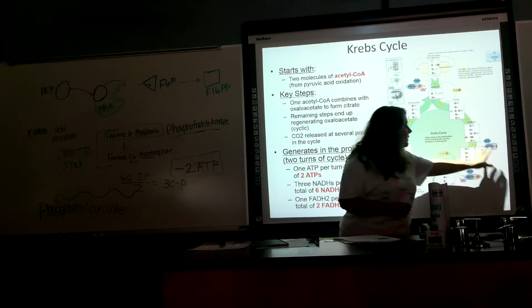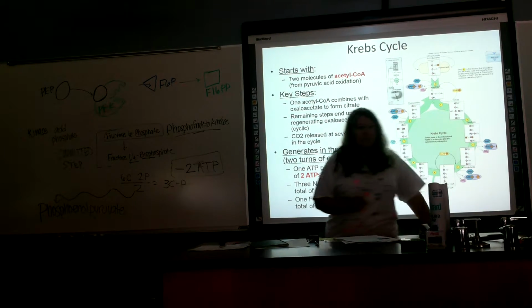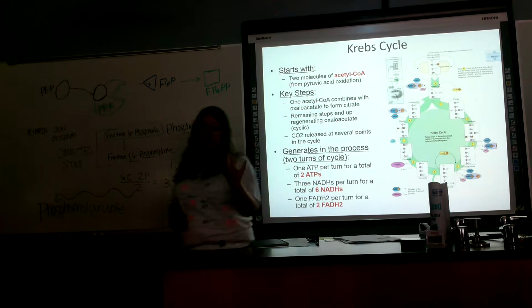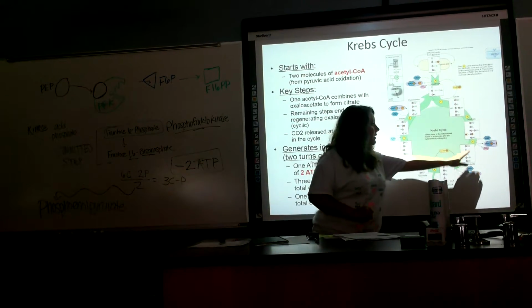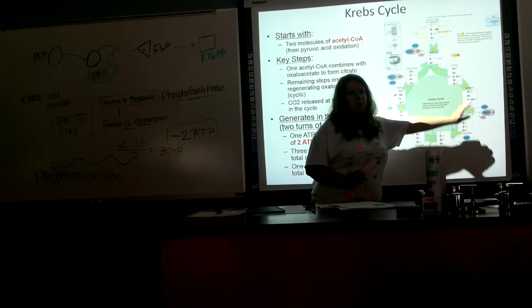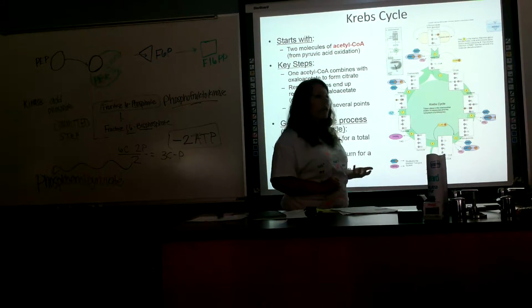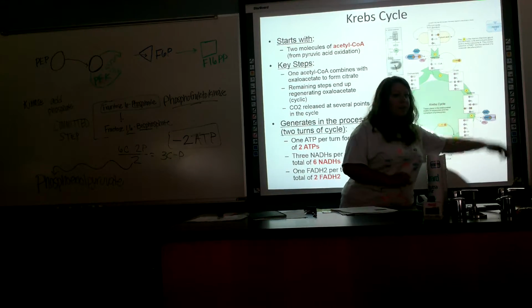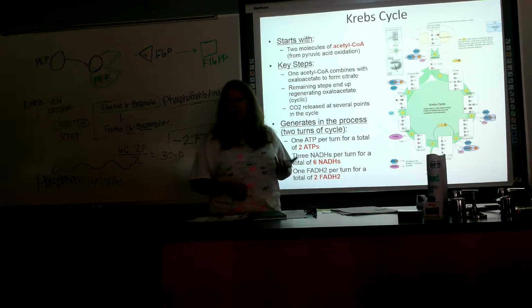And we also get our NAD pluses, which are our electron carriers, picking up electrons to be delivered to the electron transport chain. So you don't need to memorize at what point those steps are releasing CO2 or taking electrons to the electron transport chain. You just need to know that that's a huge part of what's happening in the citric acid cycle.